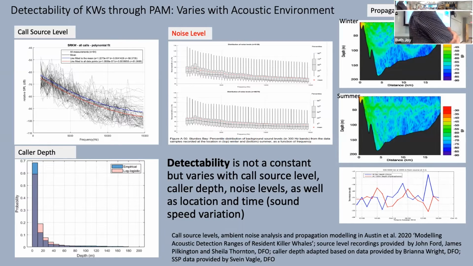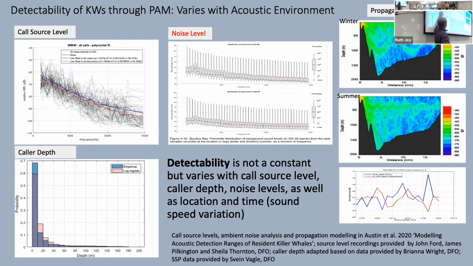We wanted to find out what the actual range variation is. We started out with the modeling part first, and later on I'll show you we went out and actually tested some of that in the field. What you need to know is the variation in the source level of the call, not just the broadband source level variation, but the variation of the source level by frequency band, because that tells you how far you can actually detect a sound or not.